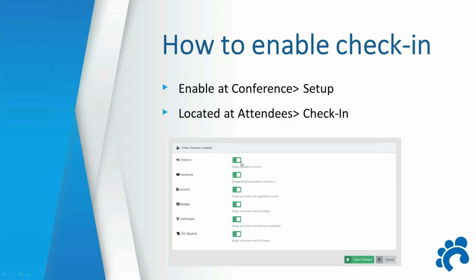This is not only where you can enable check-in for your events, but also where you can enable the handouts. Same thing with invoices, badges, certificates, and CEU reports. So if you set up your conference with us before, you probably know this section already. But again, you just go to Conference Setup, scroll all the way down, and you'll be able to enable the check-in portion of Conference Tracker here.